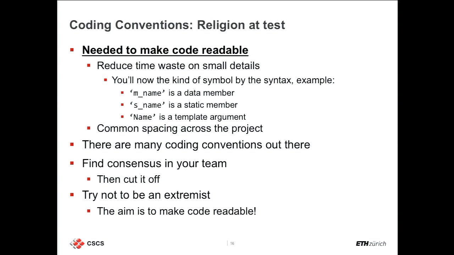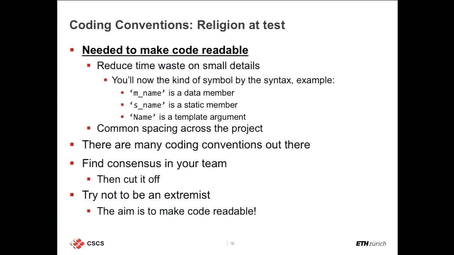There are many coding conventions out there. The most used one is basically the Java one with the camel case. This is more like Boost and STL. But why are these things very important?